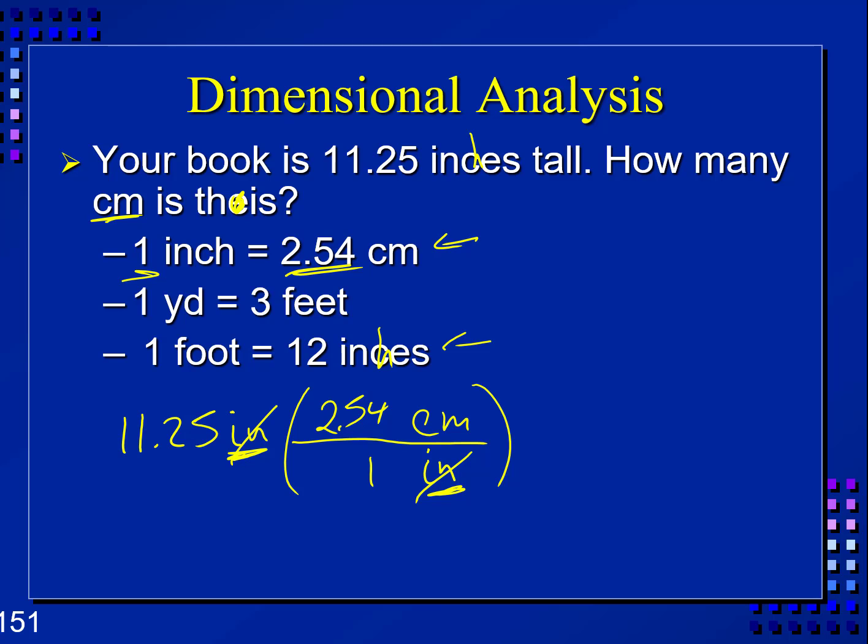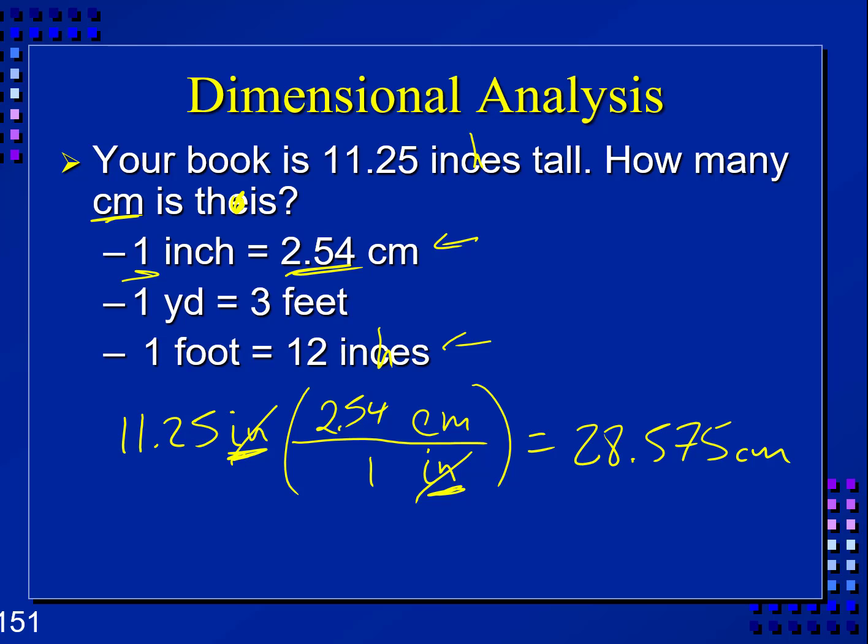So 11.25, I type in the number they gave me. The 2.54 is on top, so I'm going to multiply by 2.54, equals, and I get 28, mine says 575, and centimeters. I'm not overly concerned about rounding, okay?